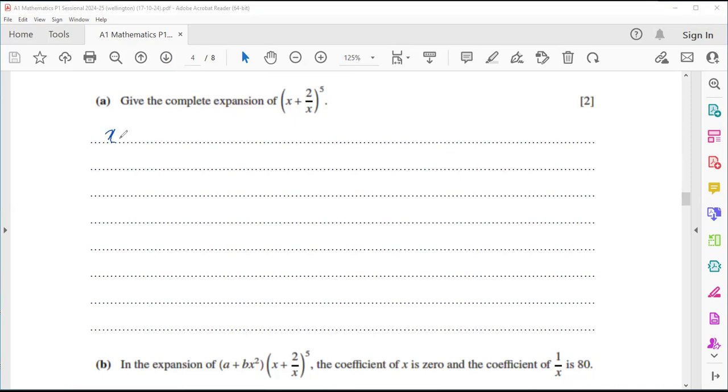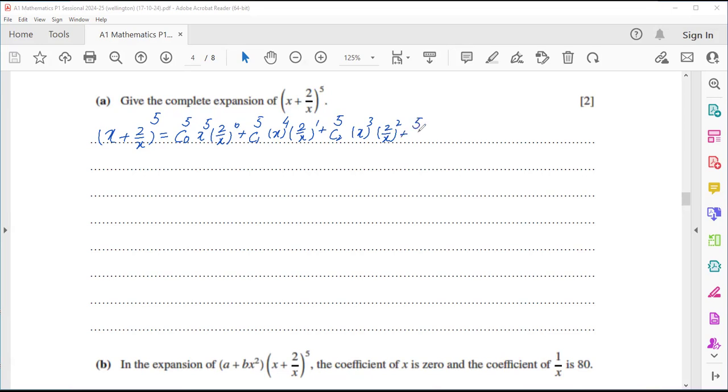So (x plus 2 by x) raised to power 5. As we know, I have 5C0, x raised to power 5, and 2 by x raised to power 0. Then I have 5C1, x raised to power 4, and 2 by x raised to power 1. Then 5C2, x raised to power 3, and 2 by x raised to power 2.